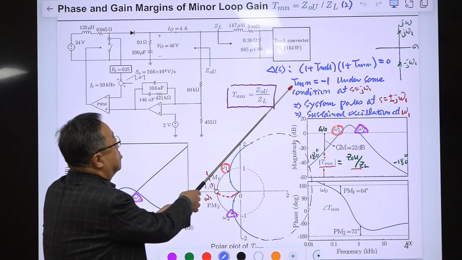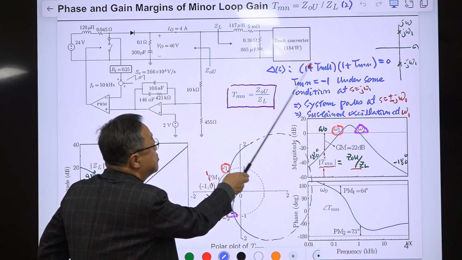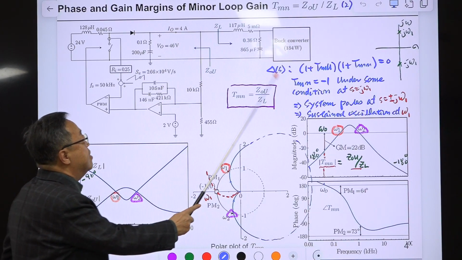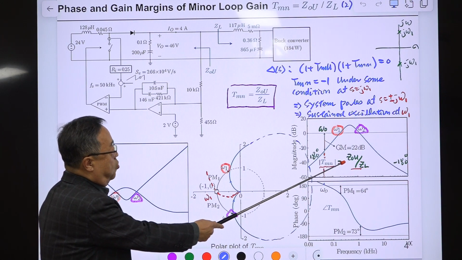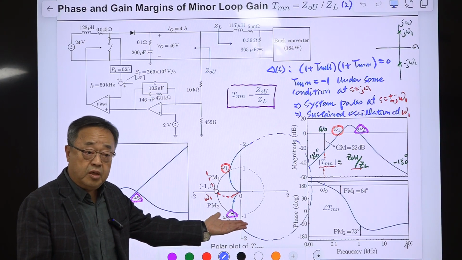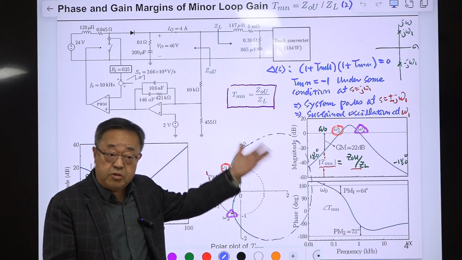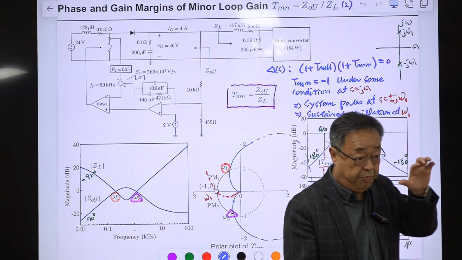So forget about this part. Assume this is 1, so it's not here. Then Tmn is the minor loop gain defined as GOU divided by GL. So there is no loop. It's not a loop gain compared to the regular loop gain. It's just the ratio of two impedances.